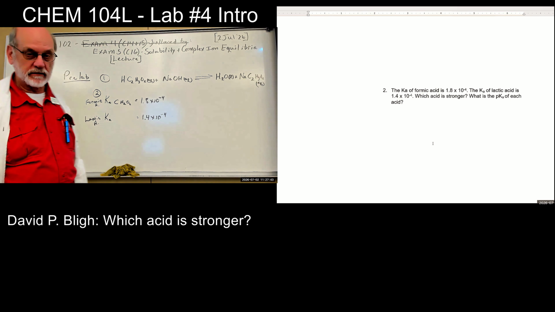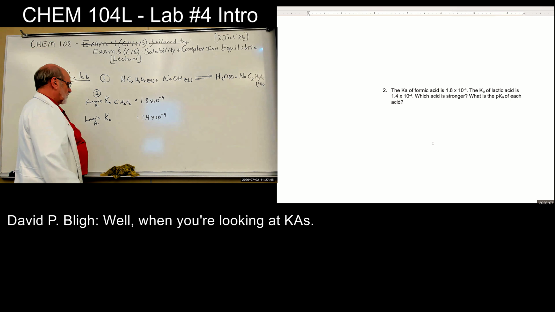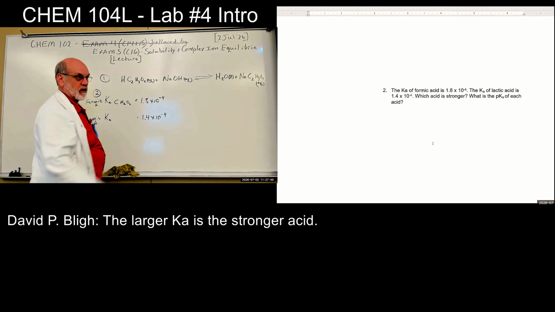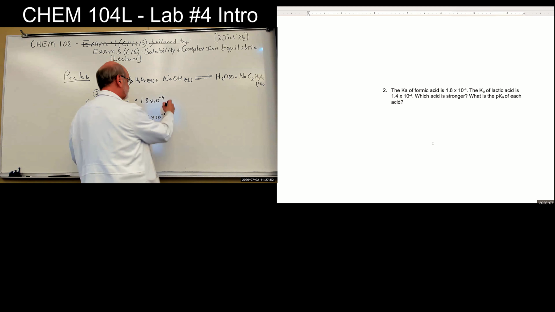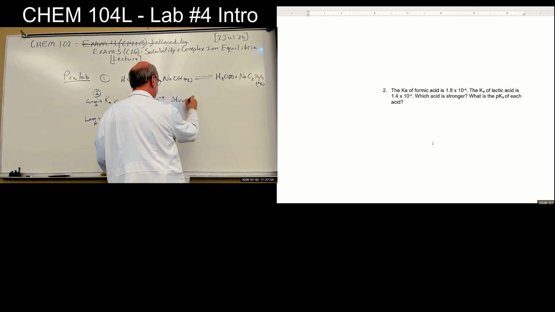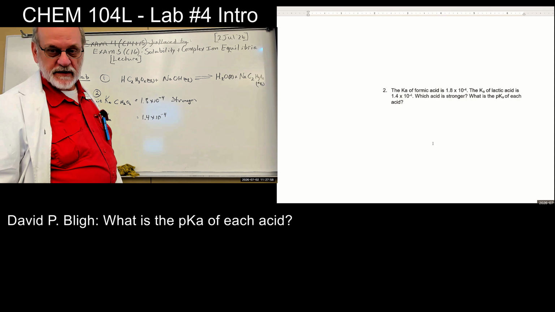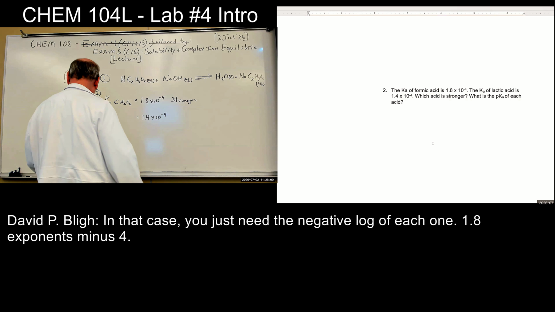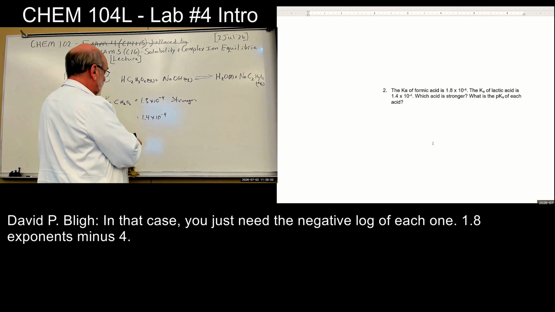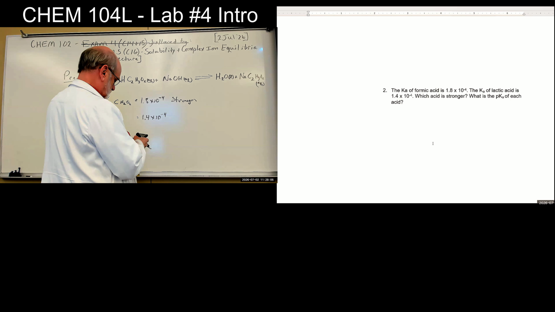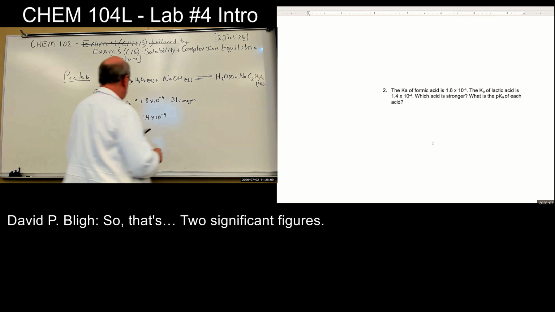Which acid is stronger? Well, when you're looking at Kas, the larger Ka is the stronger acid. Okay. What is the pKa of each acid? In that case, you just need the negative log of each one. 1.8 exponent minus 4. Take the log, change the sign.